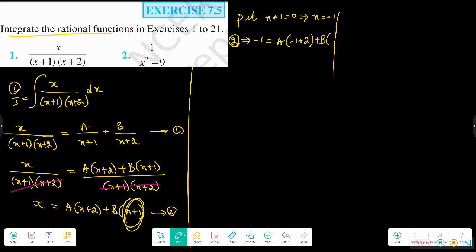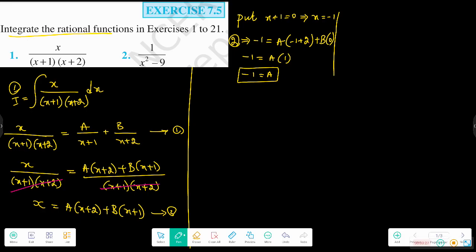What do we know? x + 1 is 0, so directly you can apply 0. When you simplify, A into (-1 + 2) is 1, and B into 0 is 0, leave it. Then what is the A value I am getting? -1. We got it.